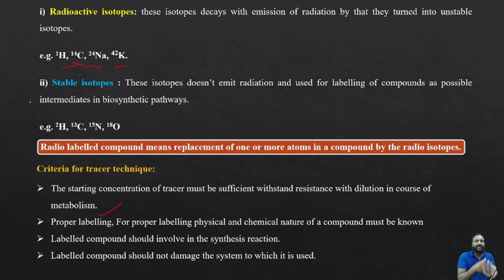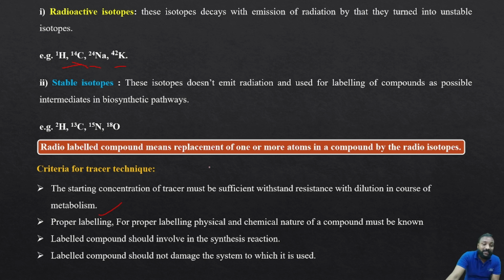When we place this radioactive isotope into the plant, it carries along with the life cycle, through all the metabolic pathways. Meanwhile, the plant undergoes several changes like dilution in metabolism, where molecules dissociate and diversify.